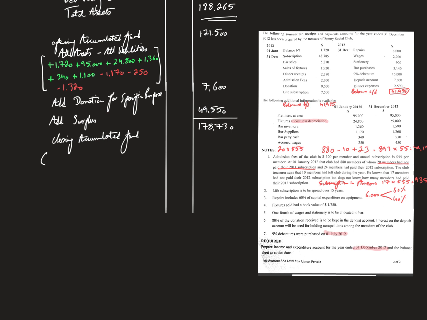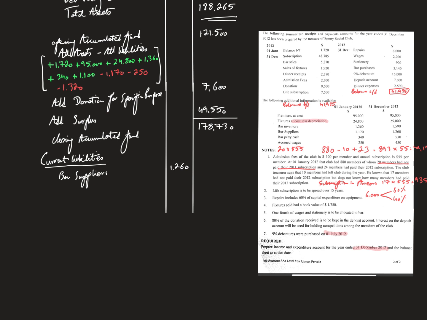Now I'm going to give heading of current liabilities. Okay, कोई बैंक ओवरड्राफ्ट वगैरह नहीं आया था. I have bar suppliers of 1590. क्लोजिंग वाली आएगी ना? Oh, 1260, sorry. 1260.